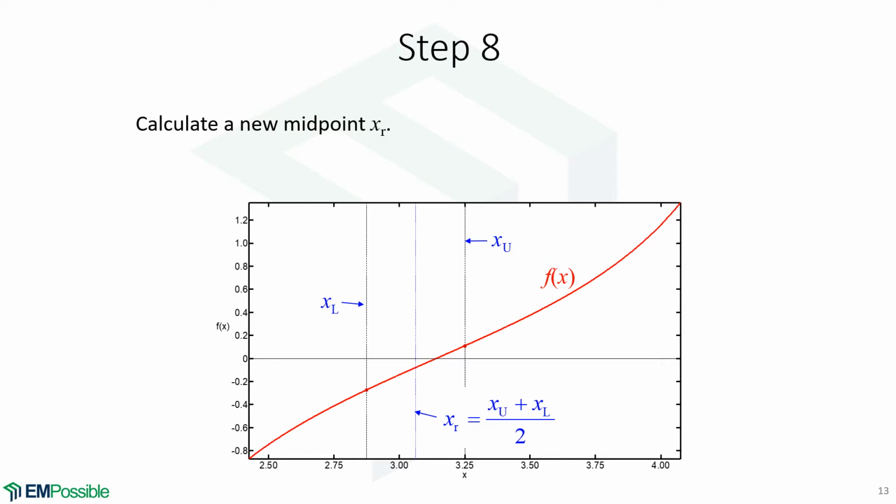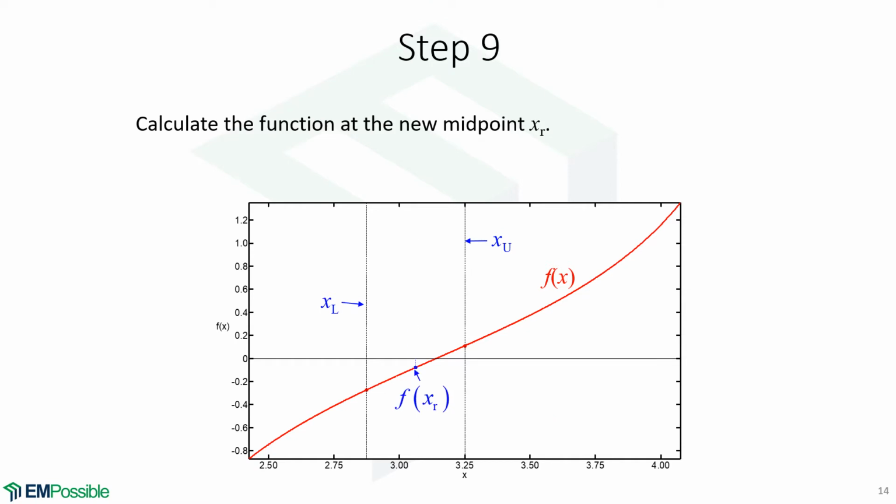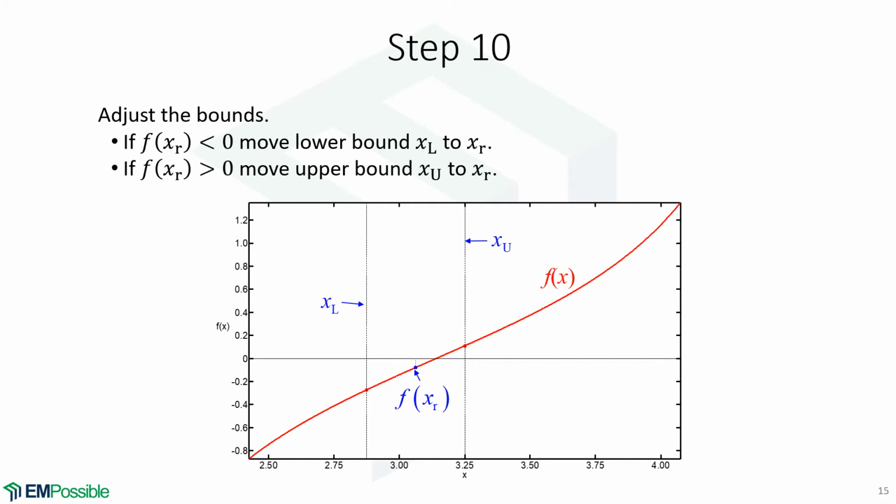We calculate a new midpoint that's now exactly between upper and lower bounds. We evaluate the function at that new midpoint, and we want to adjust the bounds by looking at the sign of the function. The function is negative at our guess for the root. That means the actual root has to be to the right, so we will move our lower bound up to where this guess is.